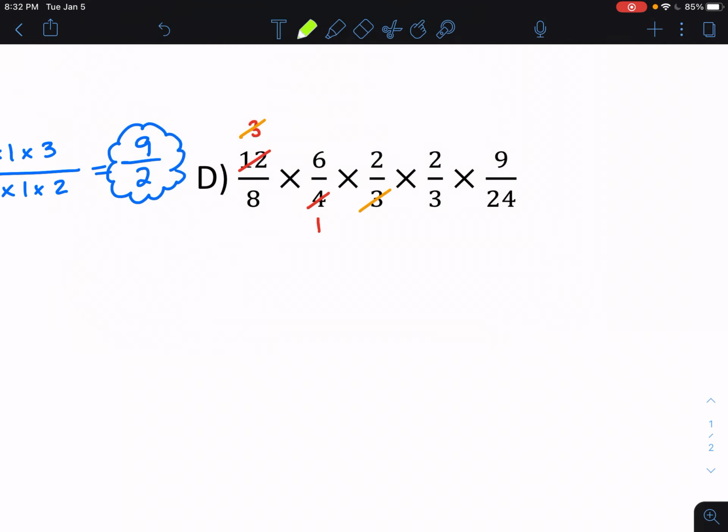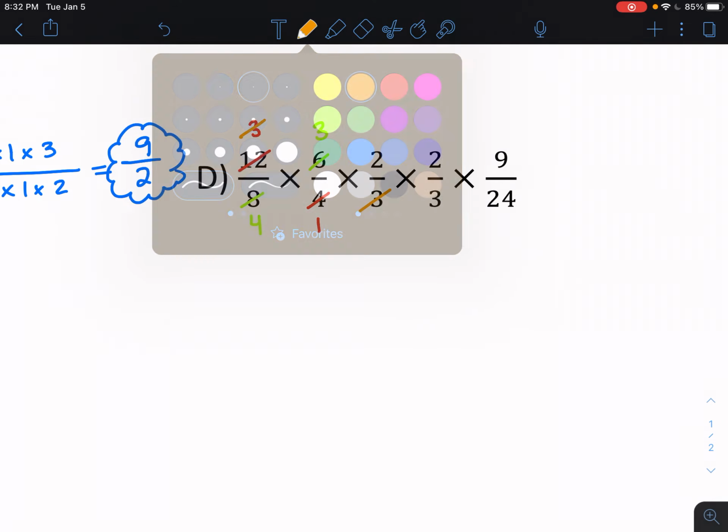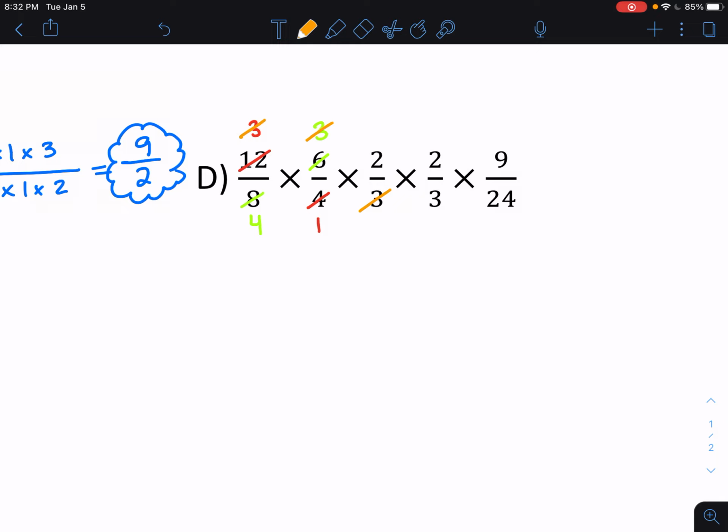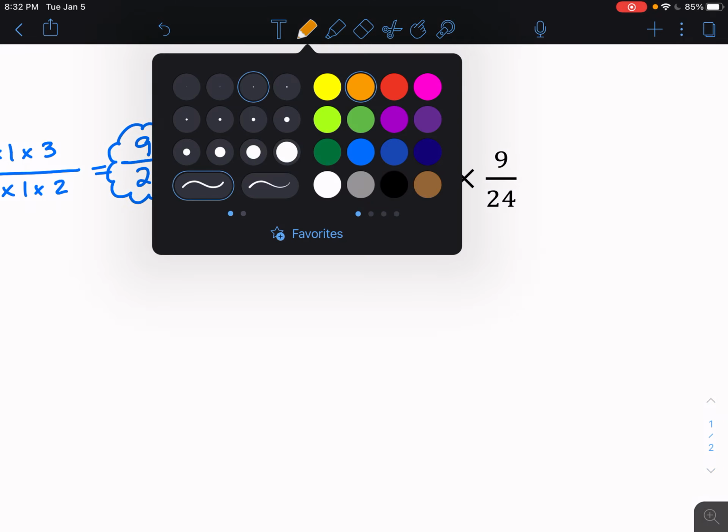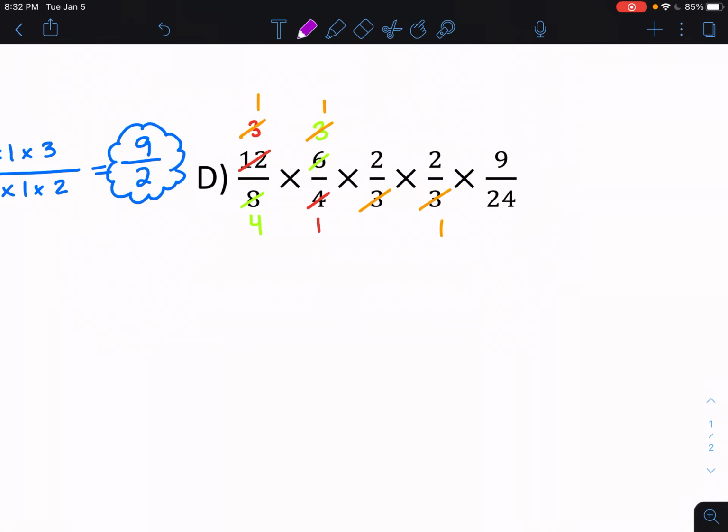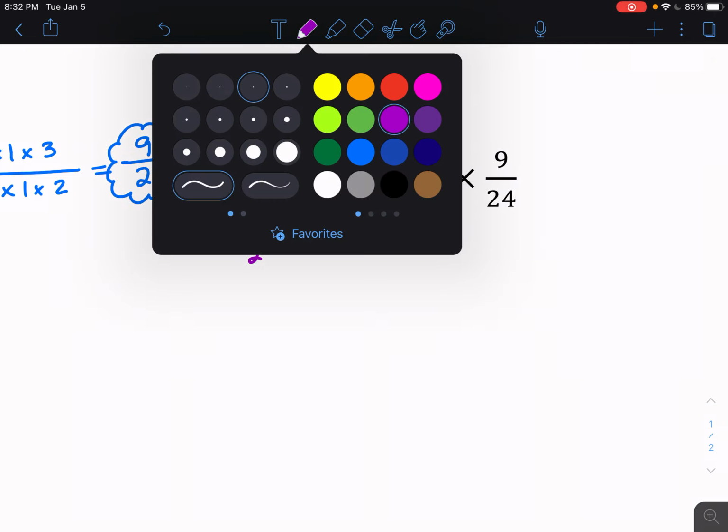6 and 8 have a 2 in common, so this becomes a 4, and this becomes a 3. And then the 3's can cancel again. 4 and 2 can go together, so this becomes a 2 and this becomes a 1.